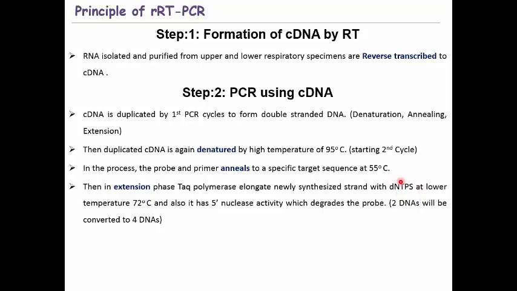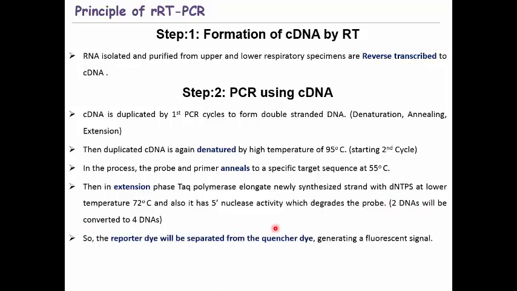For that, the appropriate temperature is 72 degrees Celsius. Apart from synthesis or elongation of the new strand, Taq polymerase has a 5' nuclease activity which degrades the probe. So at the end of this phase, 2 cDNAs will be converted to 4 DNAs.